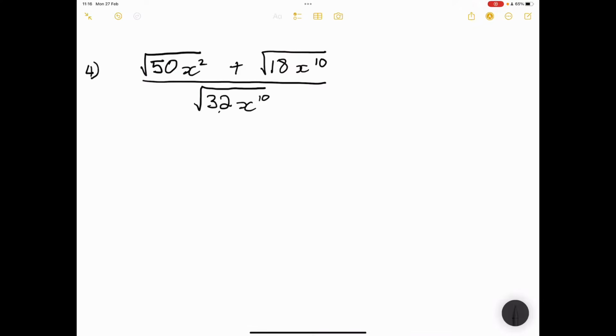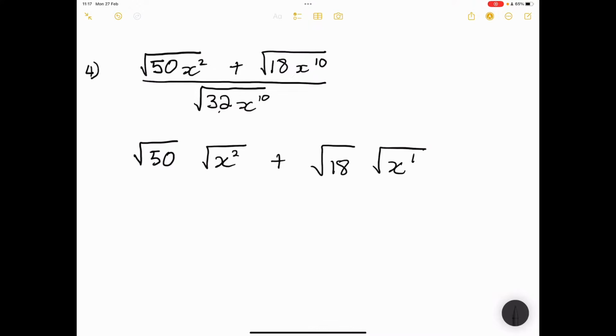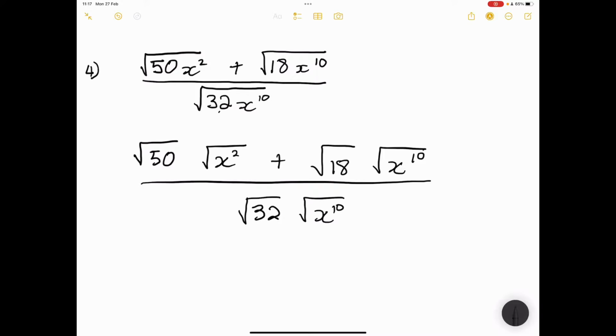Okay, so the next one, we've got 50 multiplied by x squared. Remember, we're going to take square root of 50 multiplied by square root of x squared plus square root of 18 multiplied by the square root of x to the exponent 10 divided by, underneath, square root of 32 multiplied by square root of x to the exponent 10.